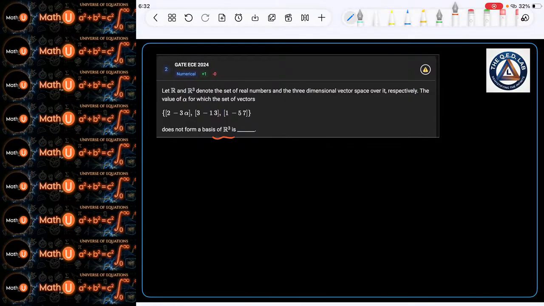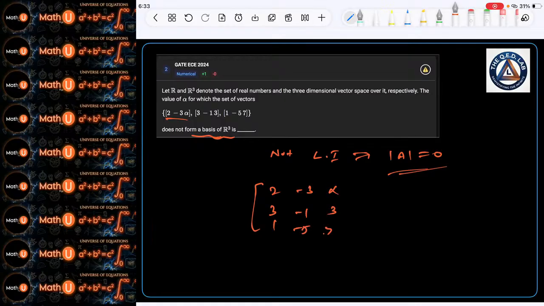Then we find the determinant. If it does not form the basis, it is not linearly independent. If it is not linearly independent, determinant of A is equal to 0. Simply find determinant. This element can be taken as 2 minus 3 alpha, 3 minus 1 3, 1 minus 5 7.